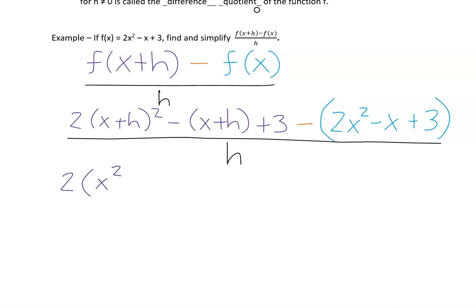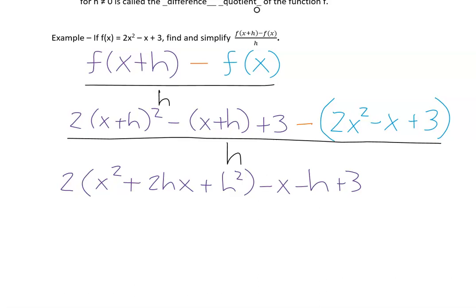We take the product of the two terms, which would be xh or hx, and multiply by 2, so 2hx. And then we're going to square the last term, so h squared. Then we're going to distribute the negative because we have parentheses here, so we get negative x minus h, and then plus 3.